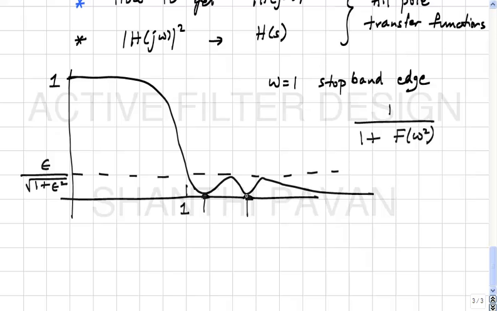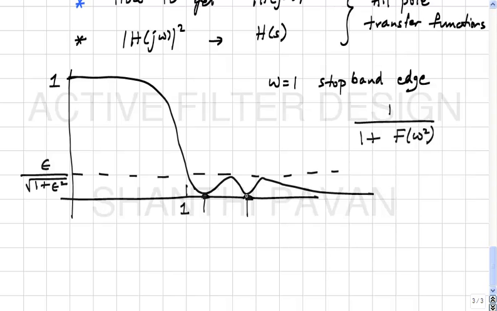Right, there are finite zeros, and where are the finite zeros? In the S plane, they are on the j omega axis, correct? The frequency response is after all the evaluation of H of s as you go along the j omega axis. If the frequency response shows finite frequencies where the response is actually 0, it means that there are zeros on the j omega axis, which means that this approximation cannot be an all pole filter.